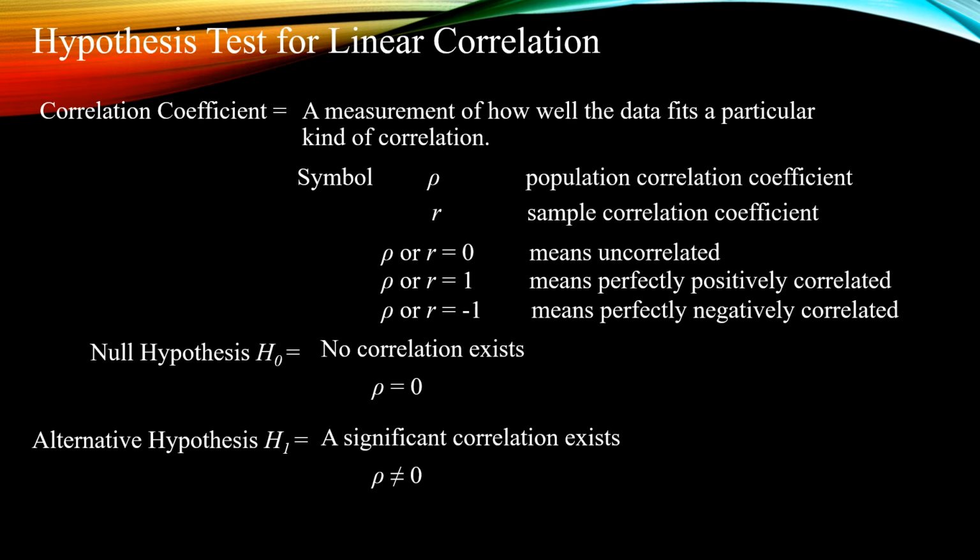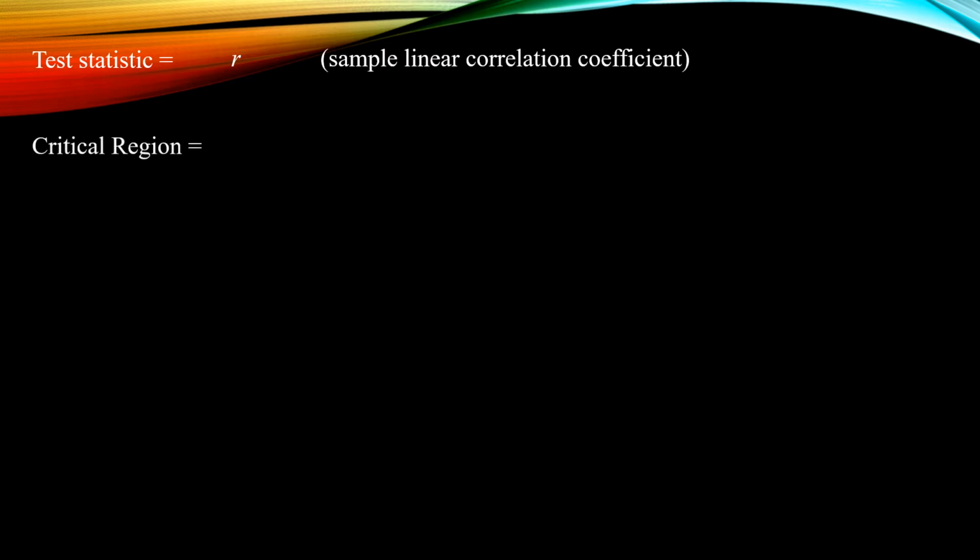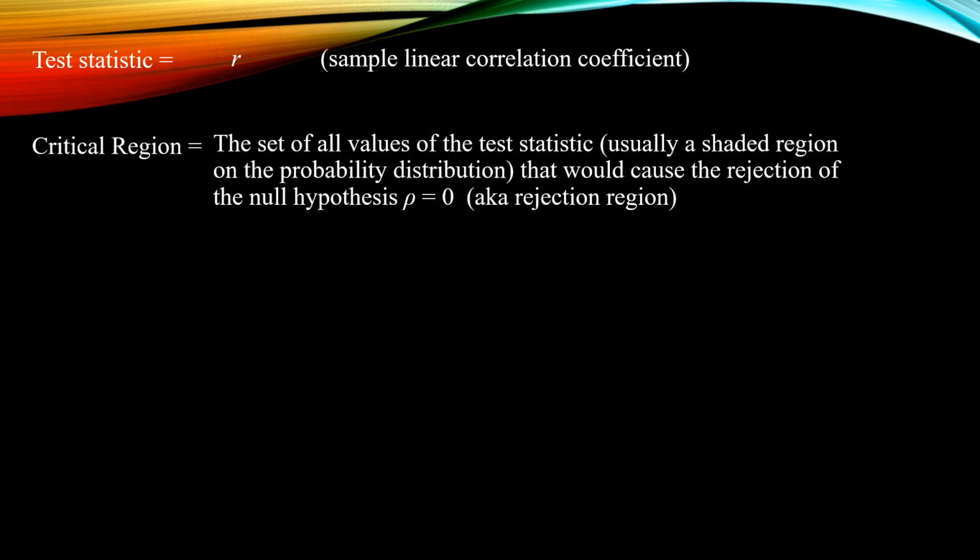Notice that in order to calculate the test statistic, the R value, the sample linear correlation coefficient, we draw the hypothesis test as normal. The critical region would be the values of the test statistic that allow you to reject the null hypothesis, which gives you any value for the sample correlation coefficient R that is away from 0.